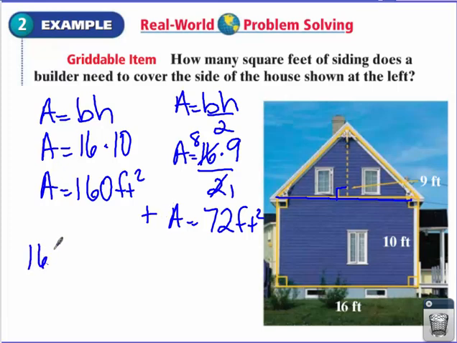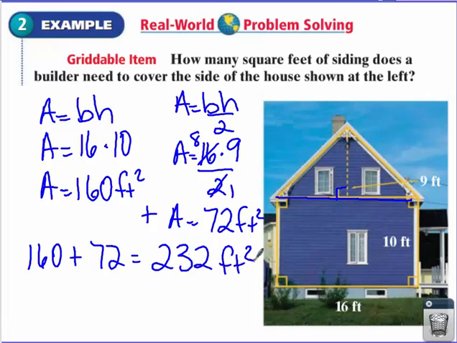So we would do 160 plus 72, and you add it up, and you find out that it's 232 feet squared. And that's how you find the area of a composite figure. So we divide it up into shapes that we know, and we find their areas.